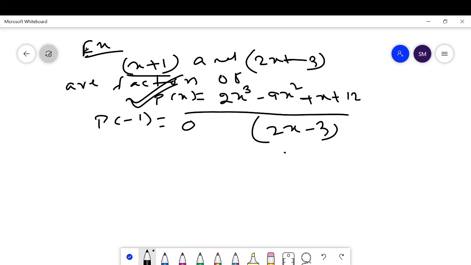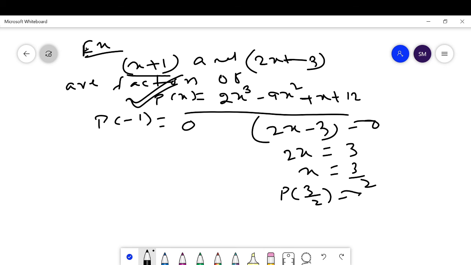If 2x minus 3 is equal to 0, then x equal to 3 by 2. Only when p(3 by 2) is equal to 0. At first find p(minus 1). If p(minus 1) is equal to 0, then by using the factor theorem, this shows that x plus 1 is a factor of p(x).